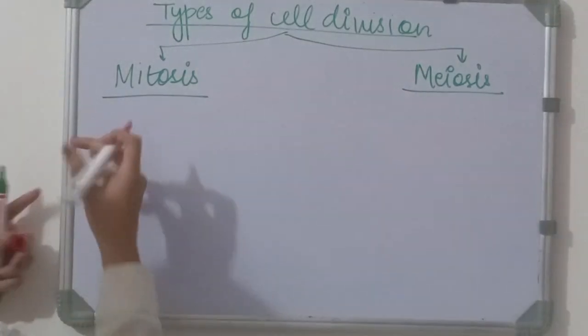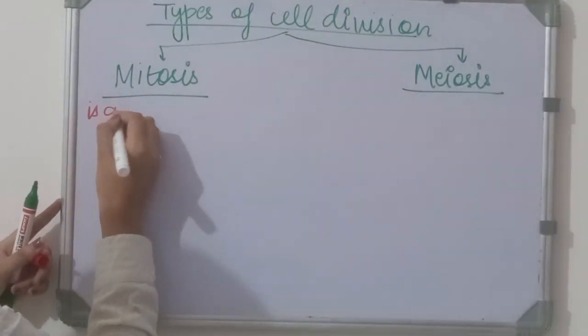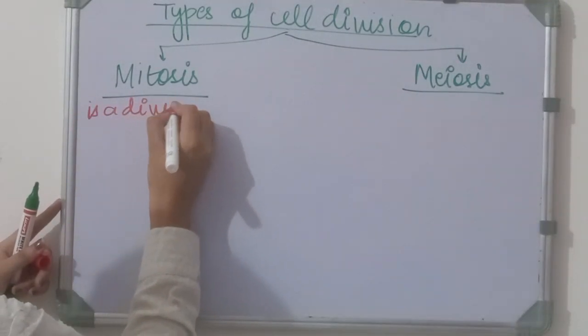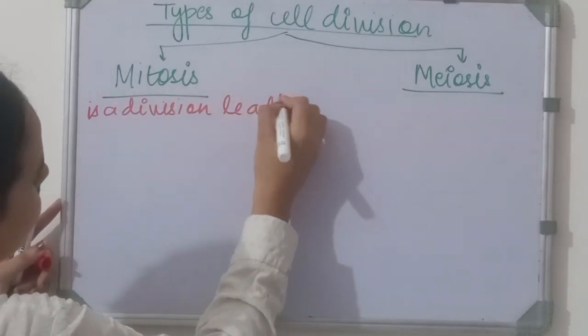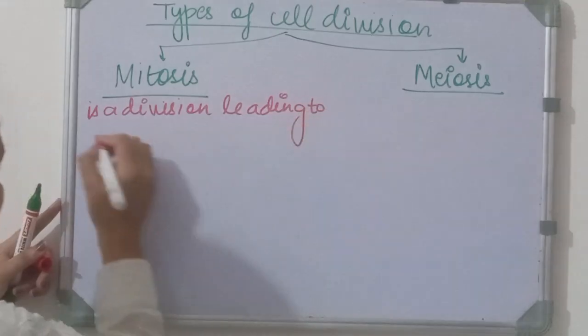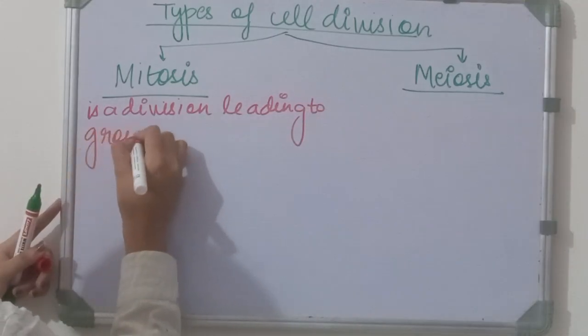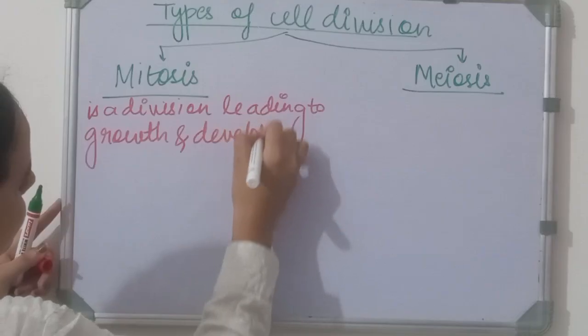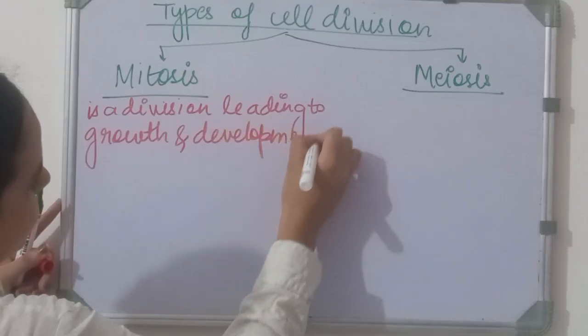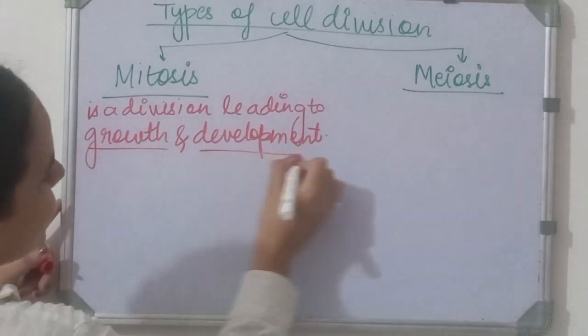So mitosis is a division leading to growth and development of an organism.